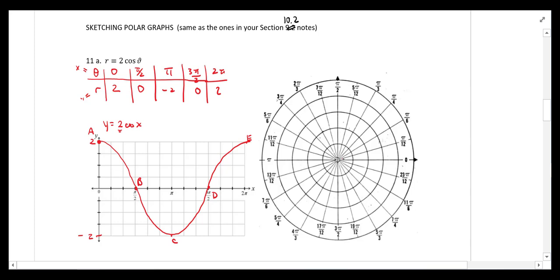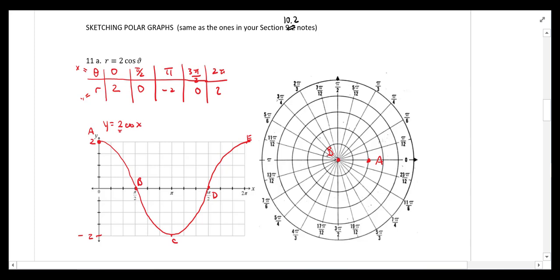So theta is 0, the r value is 2. Here is point A, right there. Now notice at point B, we're at pi over 2. So I'm rotated all the way from here to pi over 2. That's this spoke here, and then r is actually 0. So the actual point that I'm using for B is here.